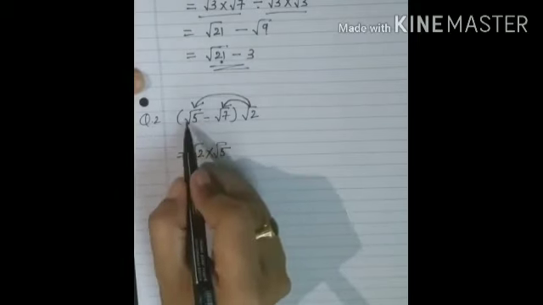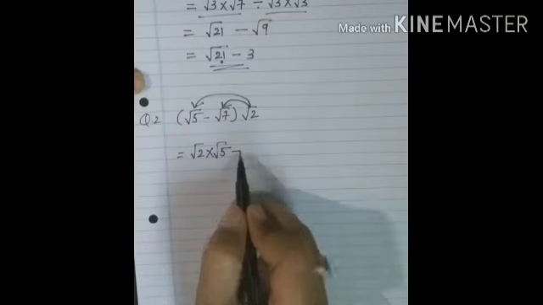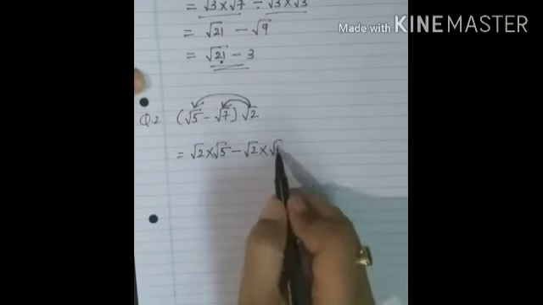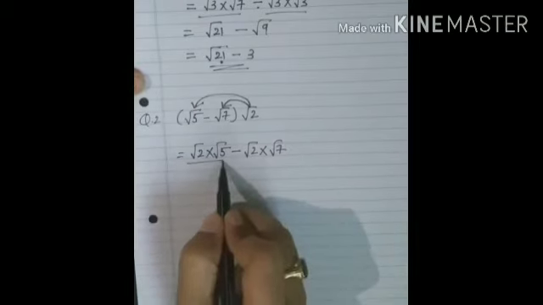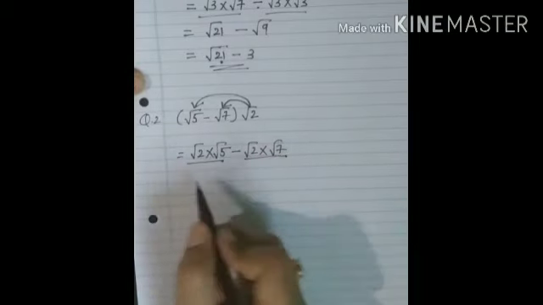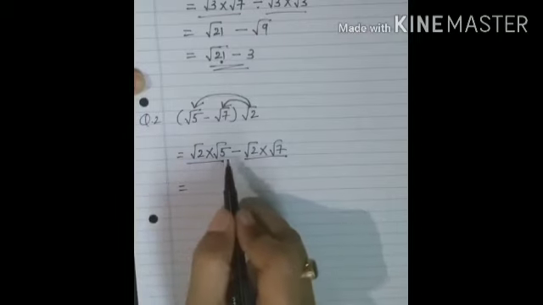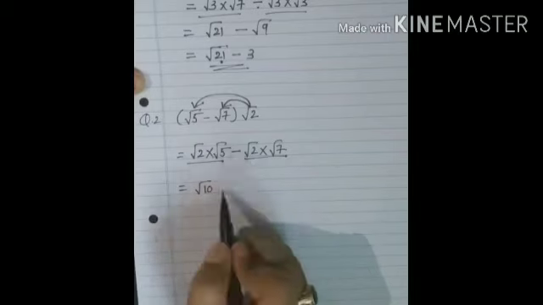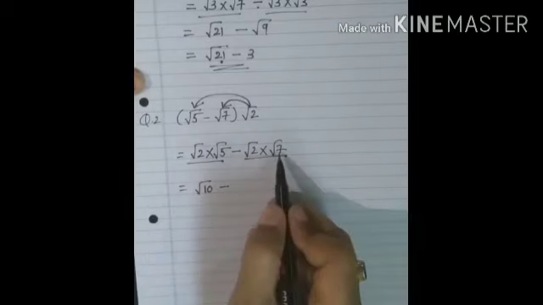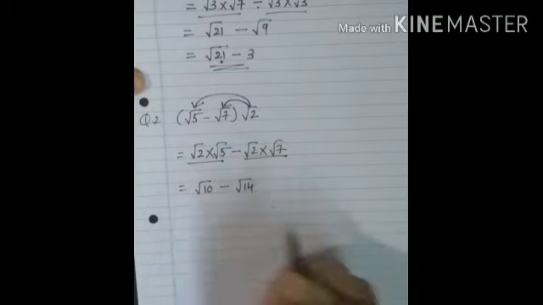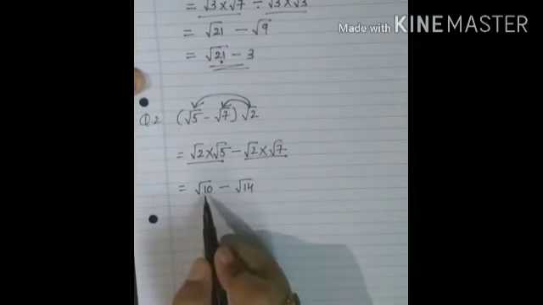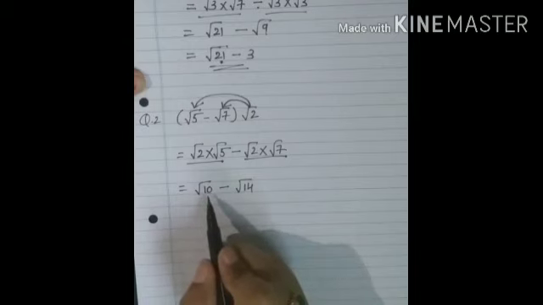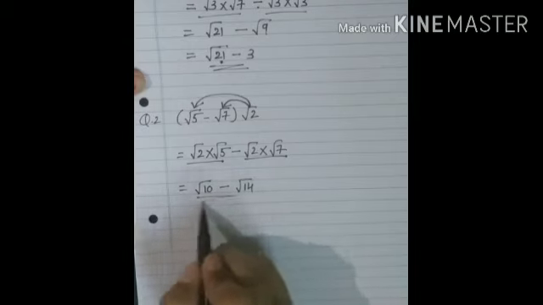What sign is there between these two terms? Minus. So take minus. Now root 2 into root 7. 2 into 5 you get root 10. Sign minus. 2 7s are 14. This is not a perfect square and this is also not a perfect square. So it will not come out of the root, children. So this is your answer.